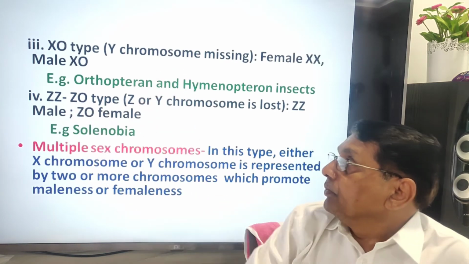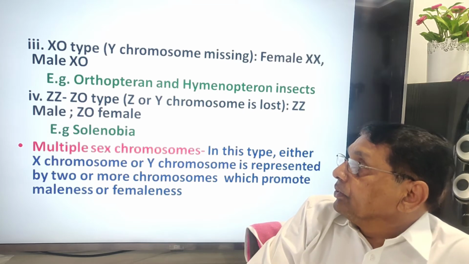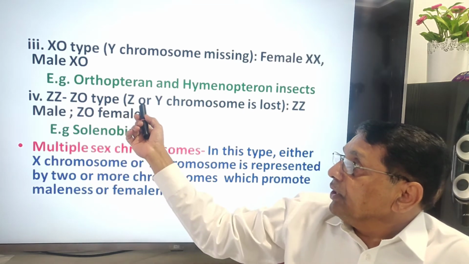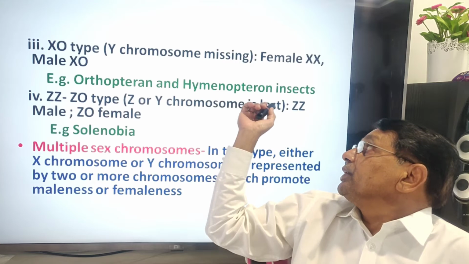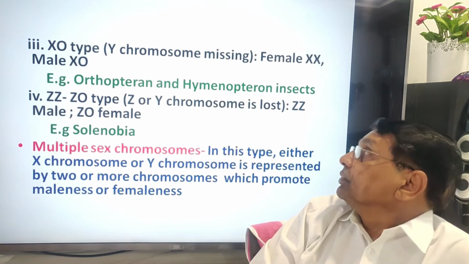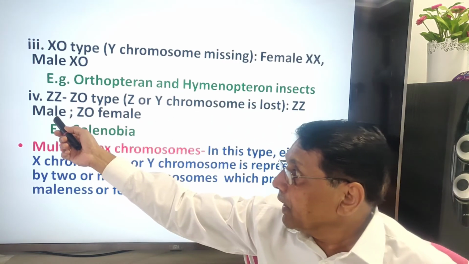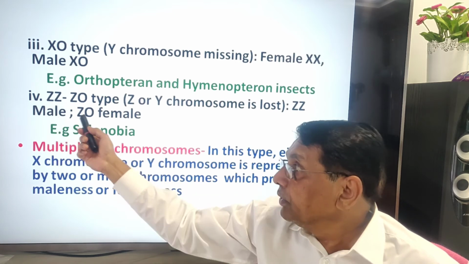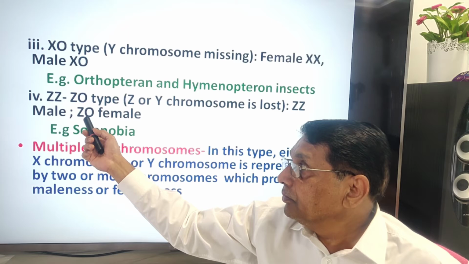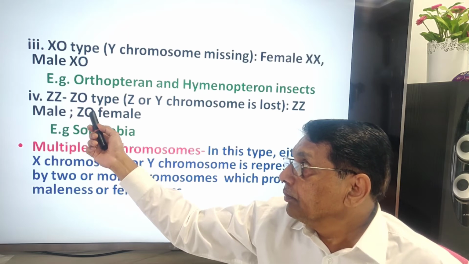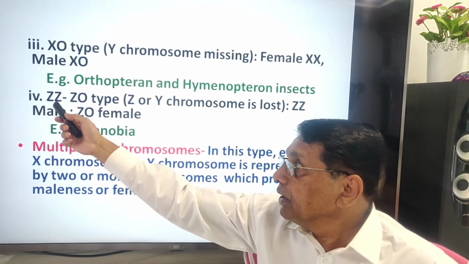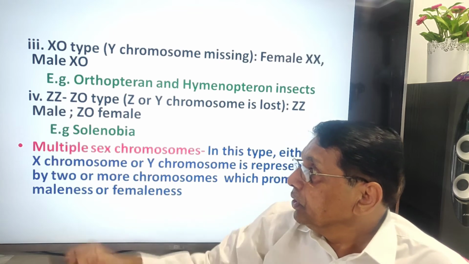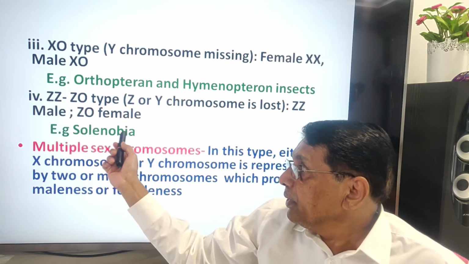Then the ZO type: here the Z or W chromosome is lost. ZZ male, homogametic; ZO female, where W is missing. Example: Solenobia.